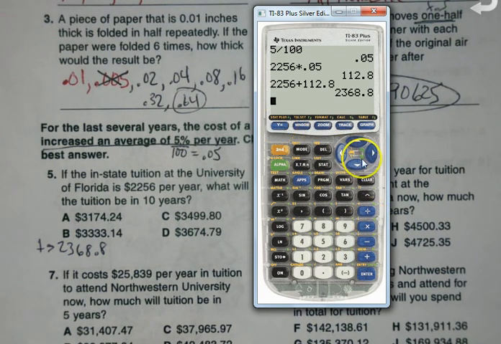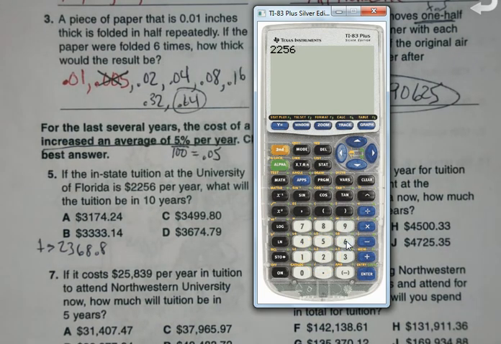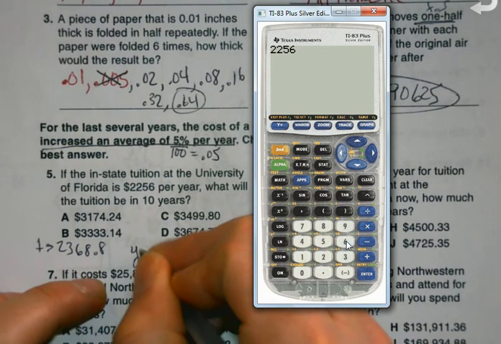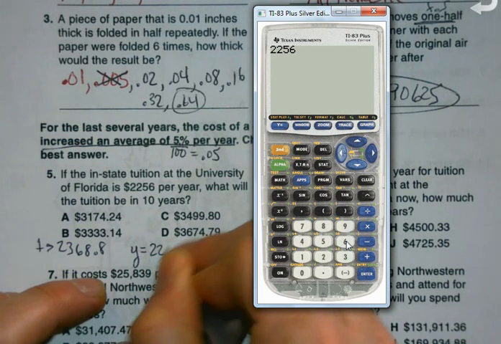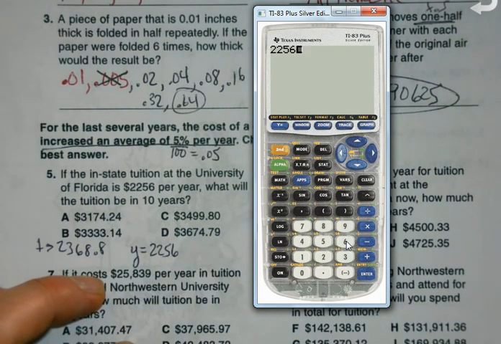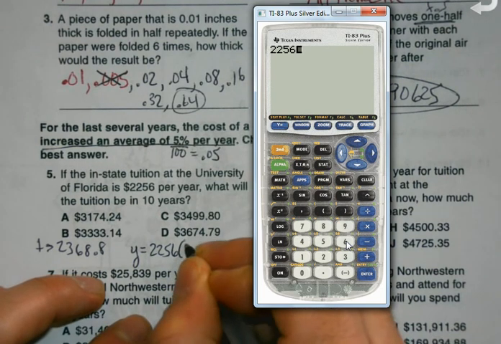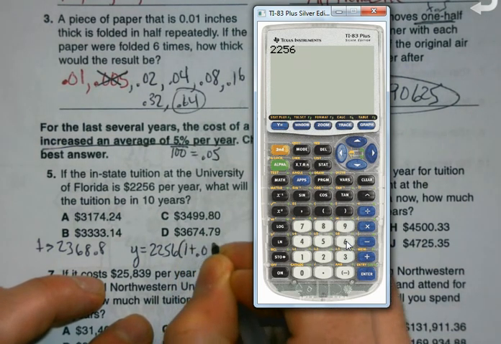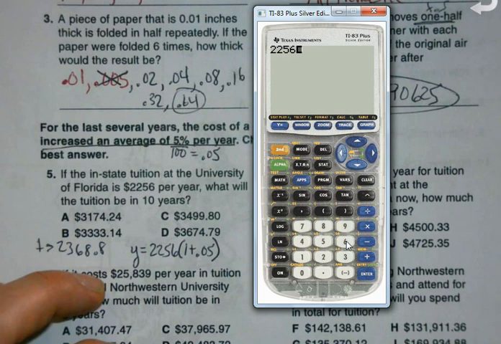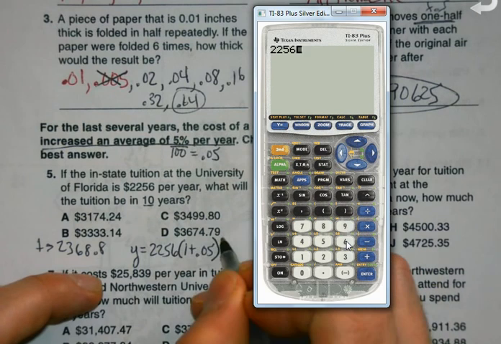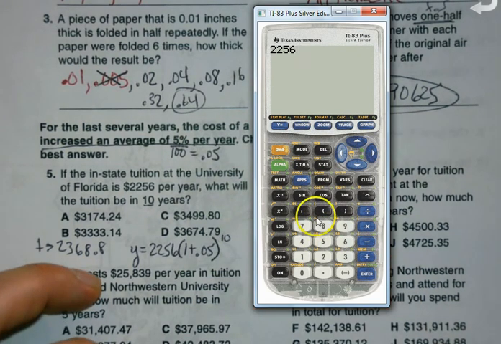So here's what we're going to do. We are going to clear this out. There's going to be my starting amount. So let me get this jotted down here. You're like, why are you putting y equals? I'll explain in a minute. It's going up by 5%. So if you remember back to when we were just doing growth and decay, I can put 1 plus 0.05. And what do I want to know? I want to know what tuition's going to be in 10 years.